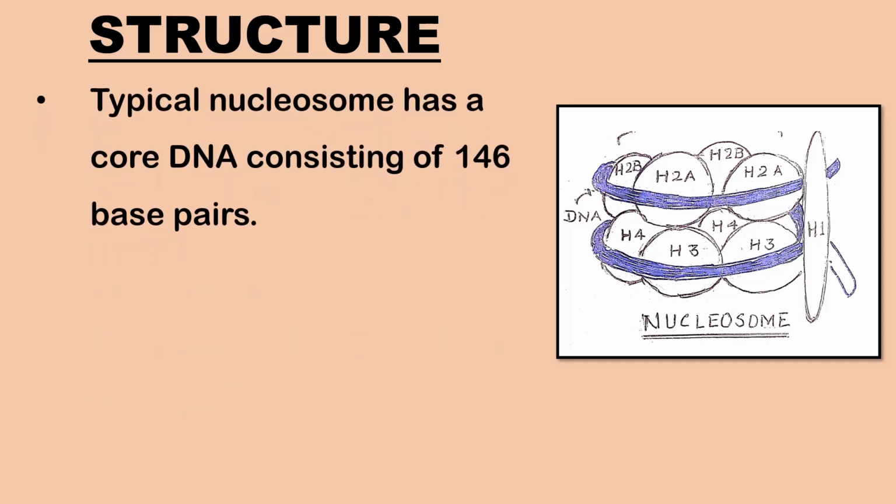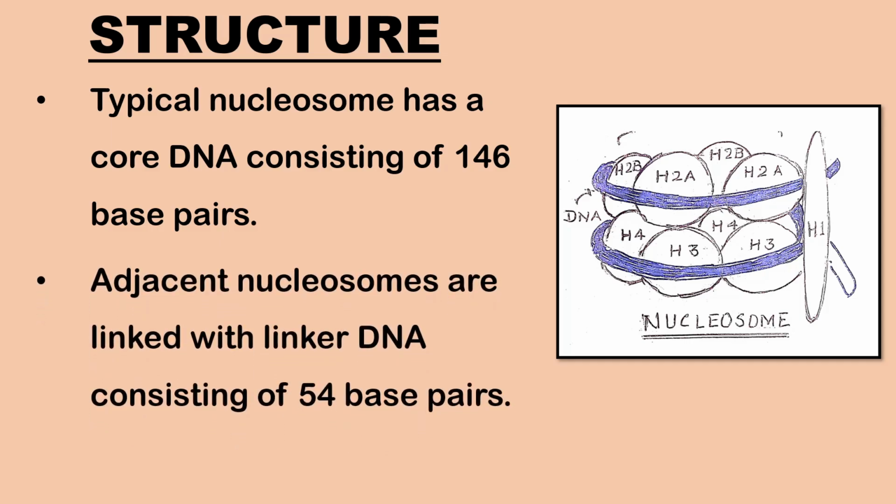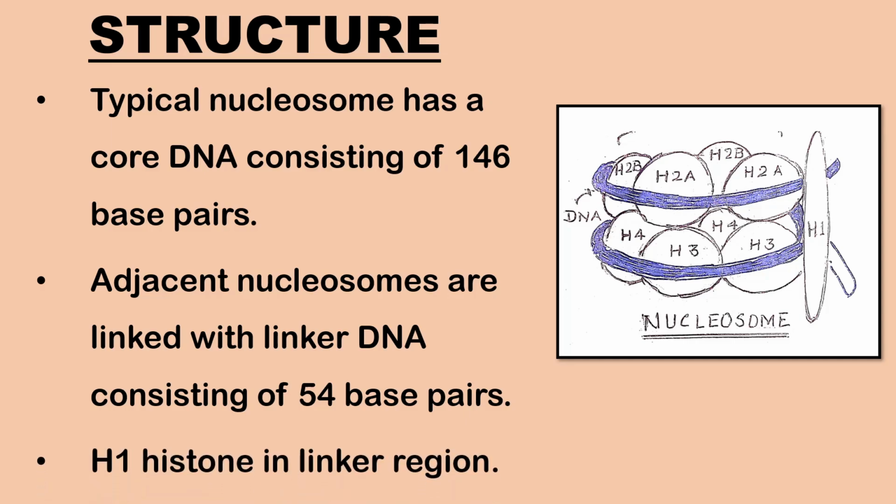A typical nucleosome has a core DNA consisting of 146 base pairs. Adjacent nucleosomes are linked with linker DNA consisting of about 54 base pairs. H1 histone is present in the linker region.